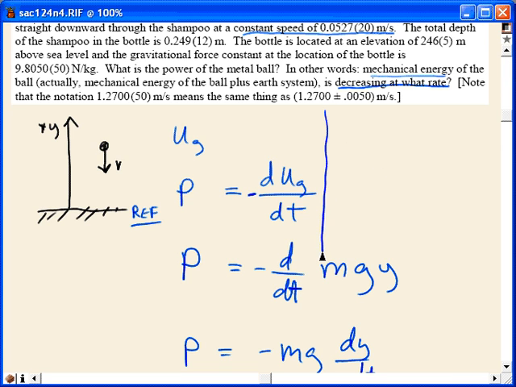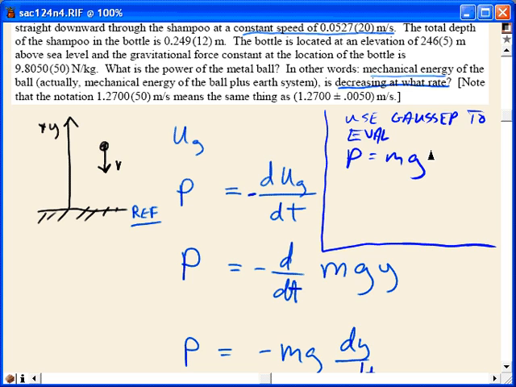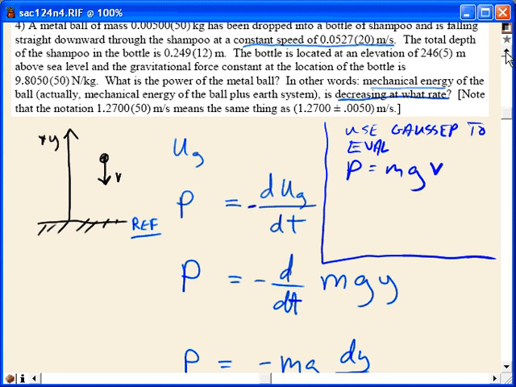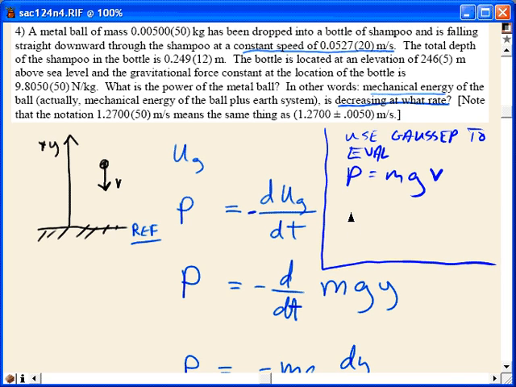All right, so that would be the answer, except we're given information on the uncertainty, so we've got to do some error analysis. Use GUM CP to evaluate P equal to mgv, with m equal to 0.00500 plus or minus.